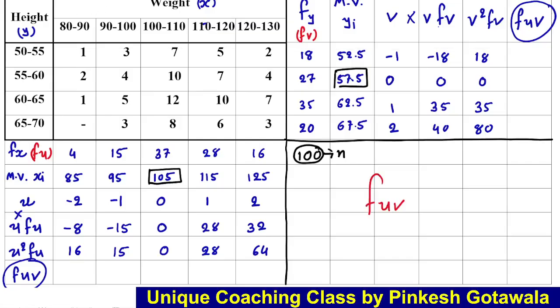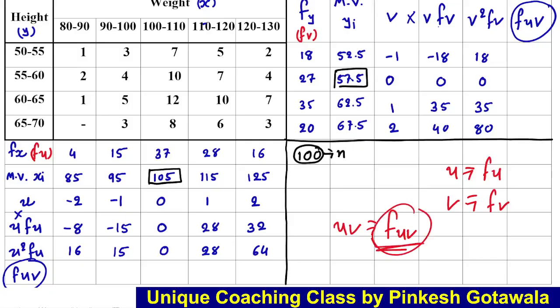In a previous video I explained what fuv means. I told you uv also multiplies with its frequency. But which frequency? u multiplies with its own frequency fu, v multiplies with its own frequency fv, but uv also multiplies with its own, that means fuv, the combined frequency.